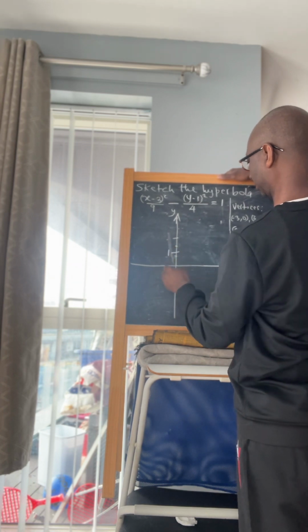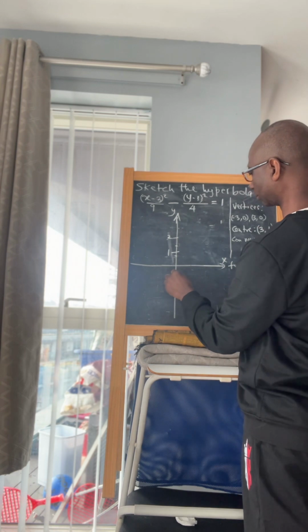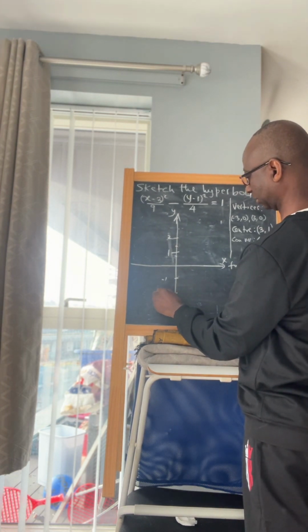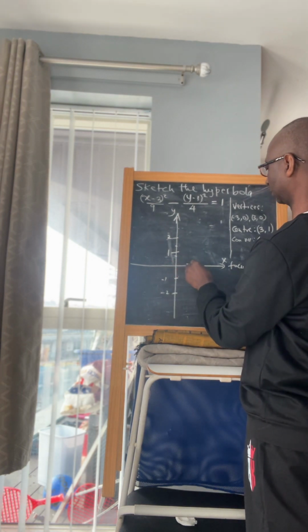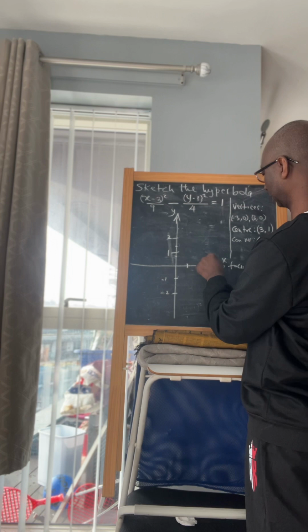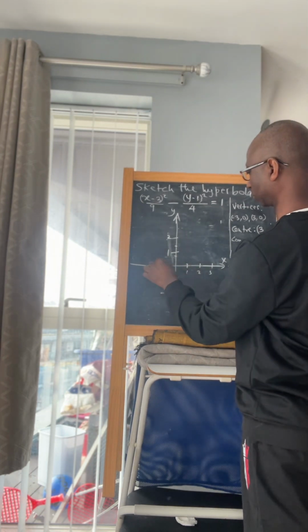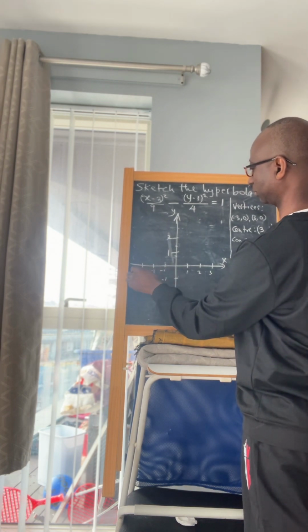So put here 1 and 2, minus 1, minus 2. And here is 1, 2, 3. Here again we have minus 1, minus 2, minus 3.